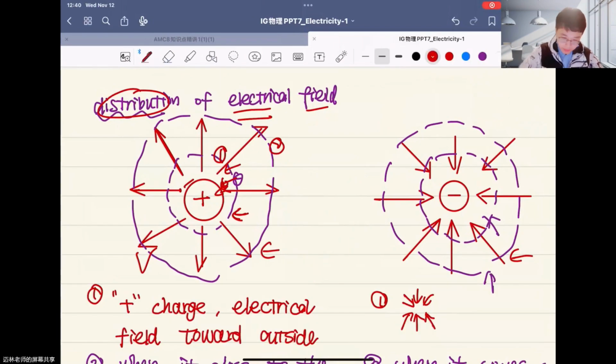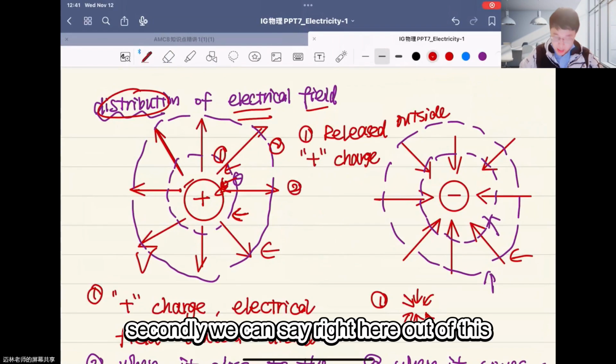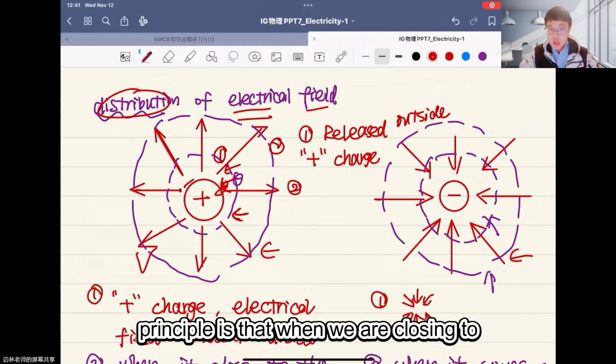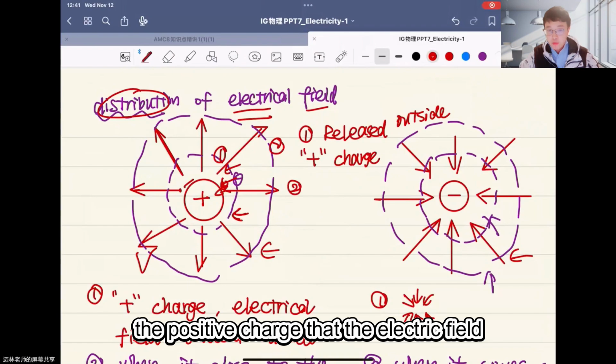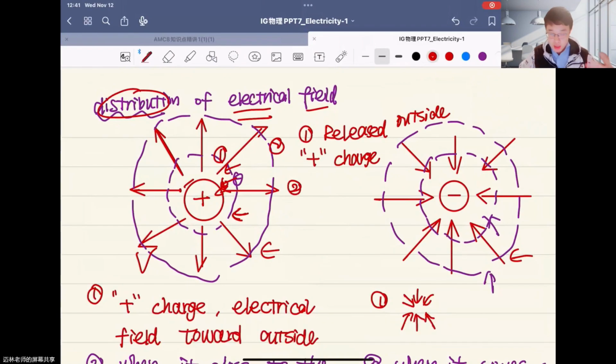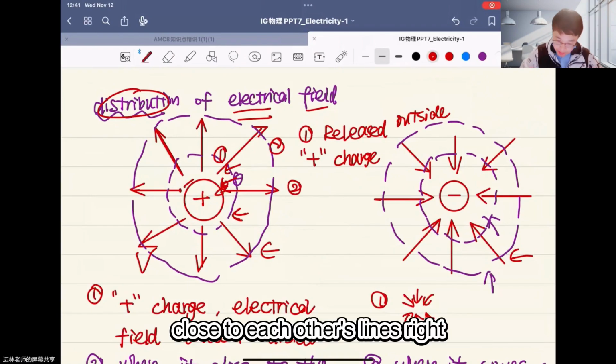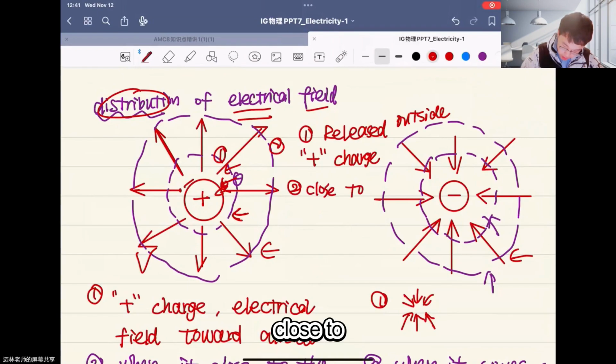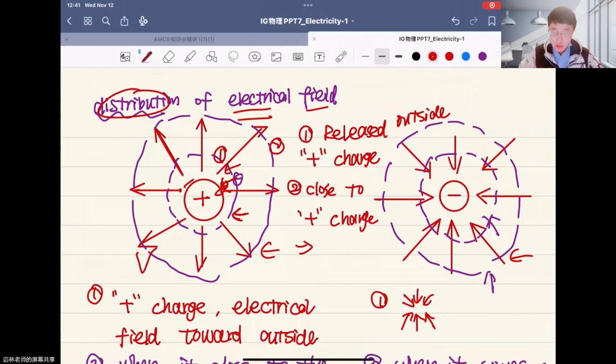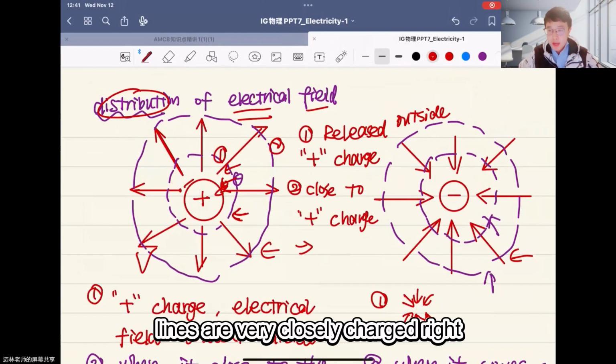First, it is released outside for a positive charge, right? This is for this charge. And secondly, when we are close to the positive charge, the electric field is very strong, because the lines are very close to each other.